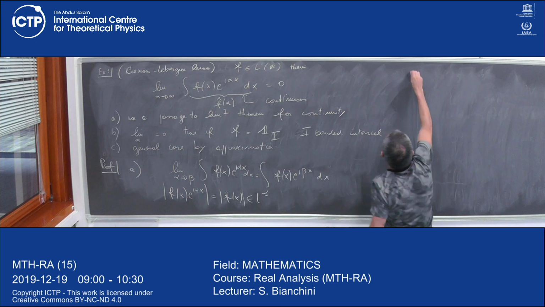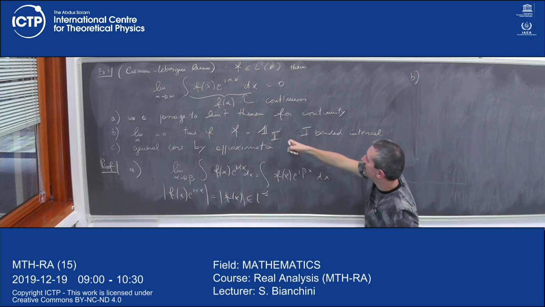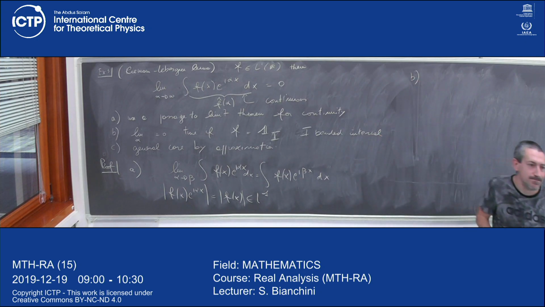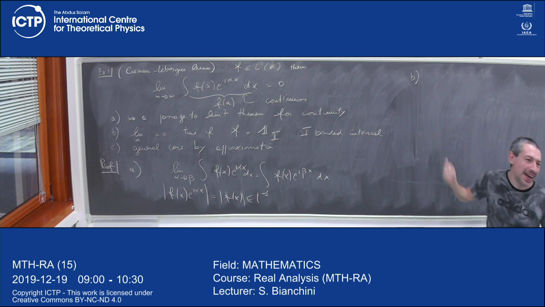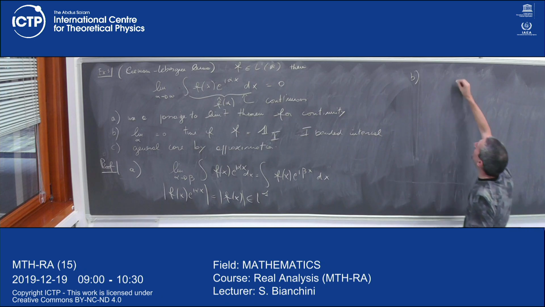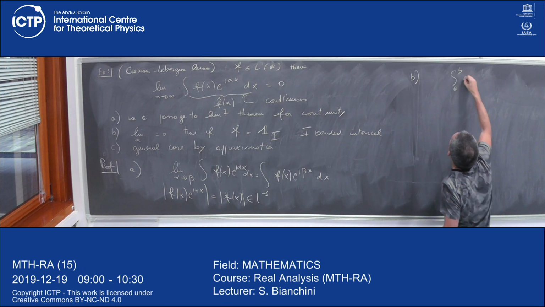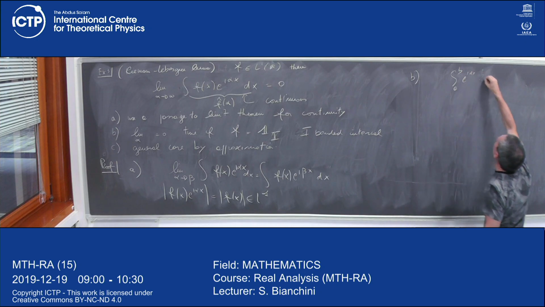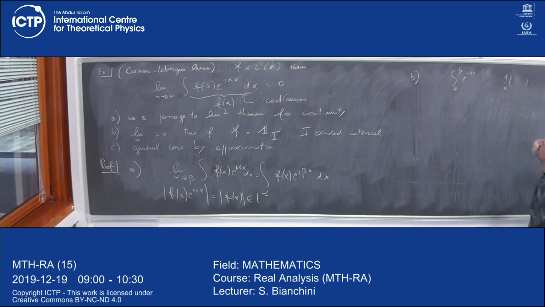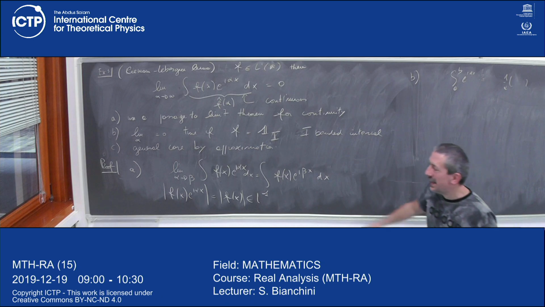B, how to prove that this holds? You compute. This I leave for you, because it becomes 1 over alpha: for the integral from a to b of e to the i alpha x, whatever, it is 1 over alpha times something. And then the general case.